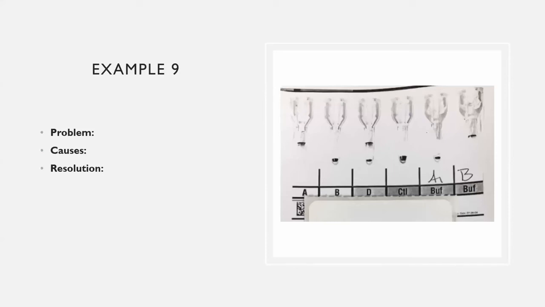Okay, here's a very poor picture. But you can still clearly see the reactions. So what's going on here? One thing, is this an ABO discrepancy? Does the forward match the reverse?